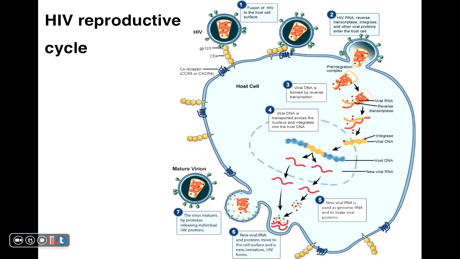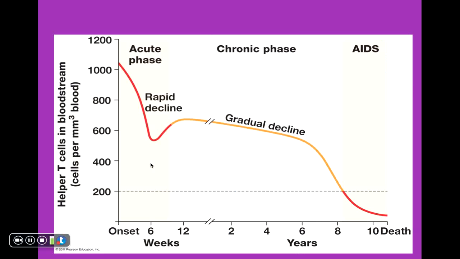And unfortunately, what can happen over time is that when HIV infects a white blood cell in a person, it can eventually lead to the death of that particular cell. So what can happen is when a person is infected with HIV, over time there can be a very distinct decline in the T cells, and this is a huge problem.